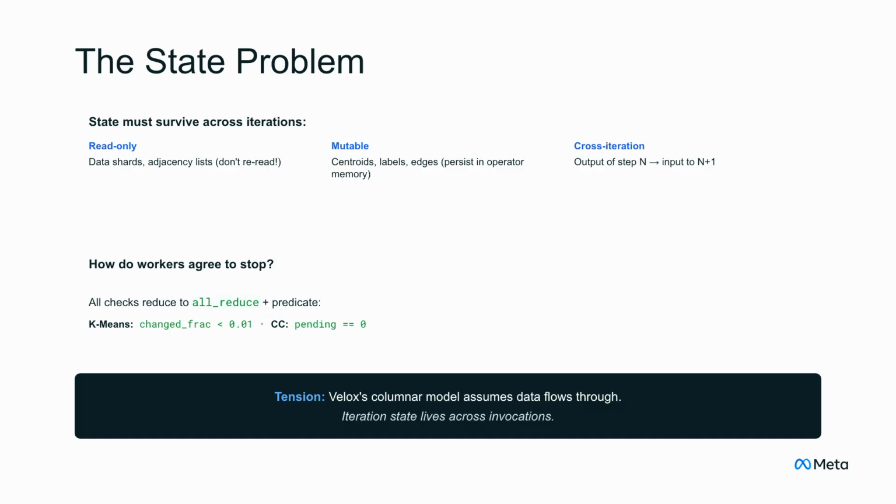So the mechanism here is always the same. It's just the predicate that changes. So for this challenge, we come to the conclusion that we need to build 2 primitives. One is to keep the state alive across iterations. The other is a shared convergence check. Everything else will build on top of these 2.